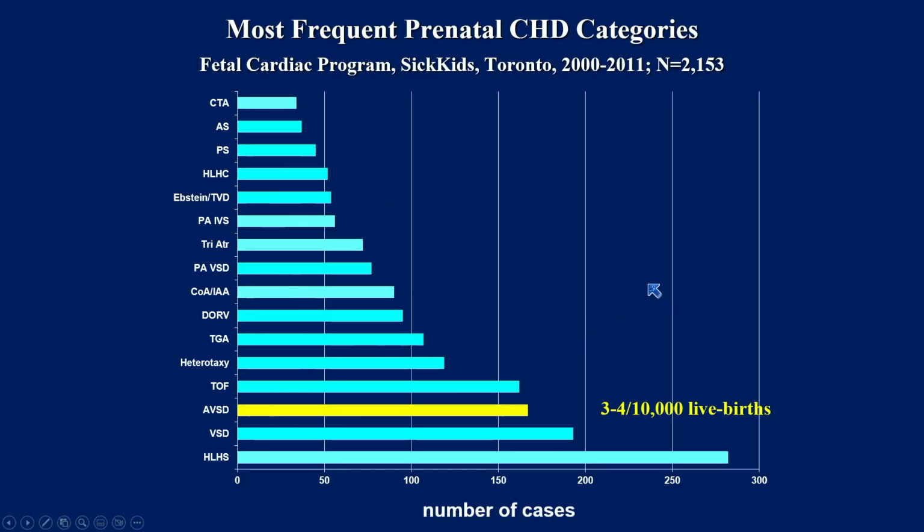It's also very important that it is very often associated with genetic abnormalities, unlike the muscular VSDs that you just heard have almost no risk of a genetic abnormality, and even the perimembranous, the risk is low, unless you have an overriding aorta and the tetralogy.